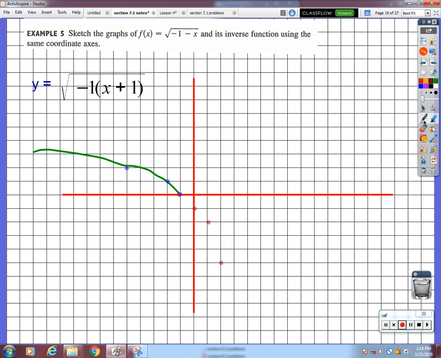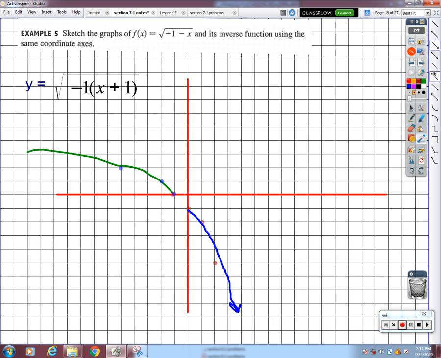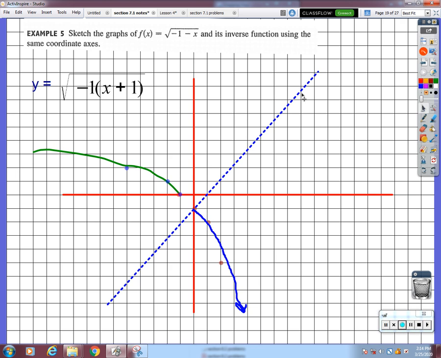So this graph is going to look like that other one, but going in this downward direction instead. And these are both a reflection across the line y equals x, like that.